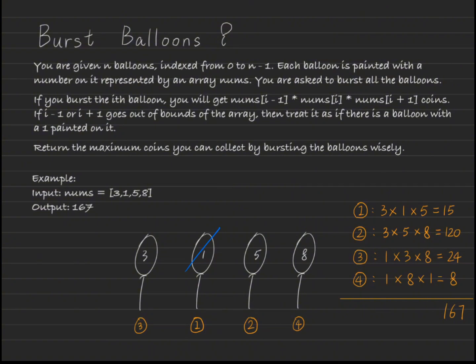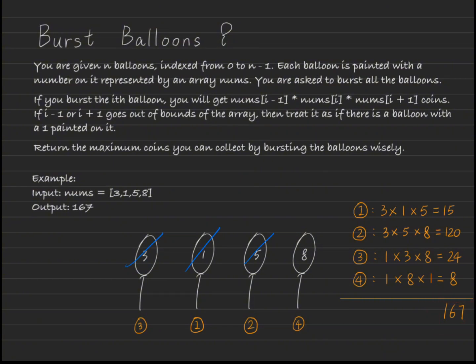Then we burst the balloon with the number 5 on it, and we get 3 times 5 times 8, which is 120 coins. Next, we burst the balloon with number 3 on it, and we get 1 times 3 times 8, 24 points. And last, we burst the balloon with number 8, and we get 8 points. And to total them up, the output is 167.